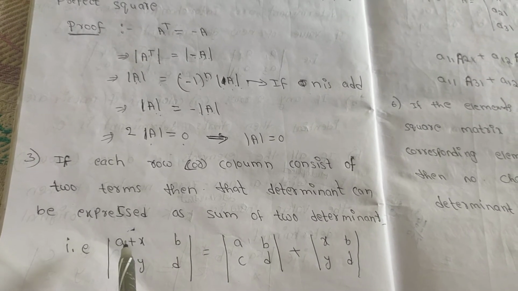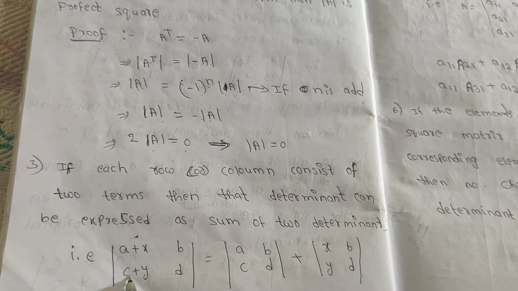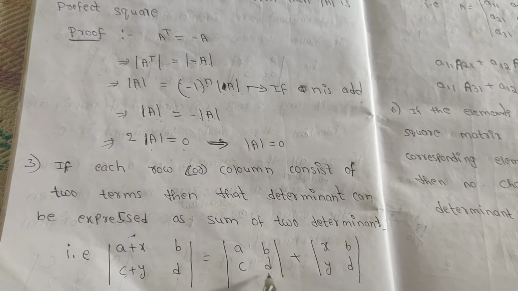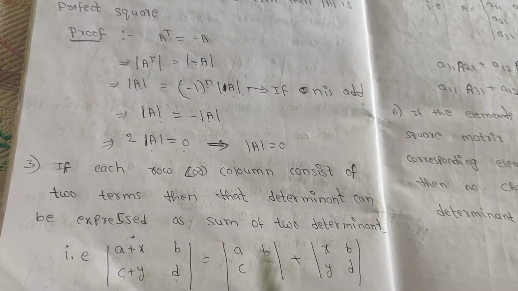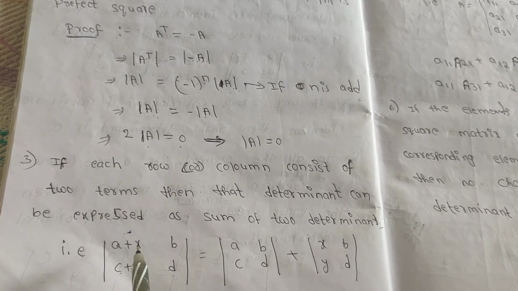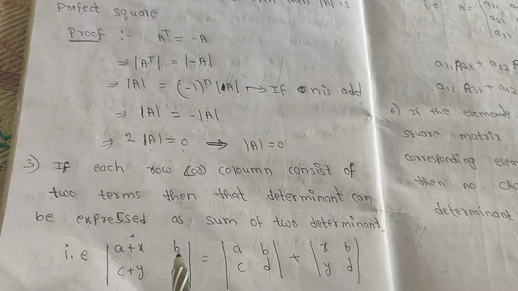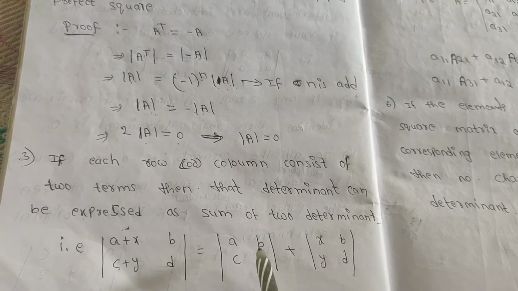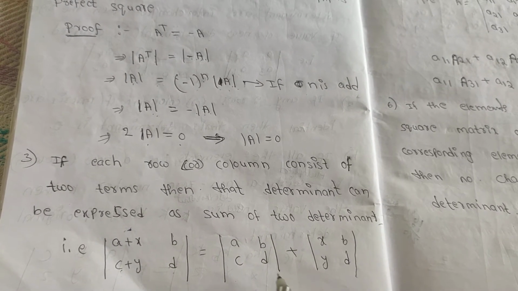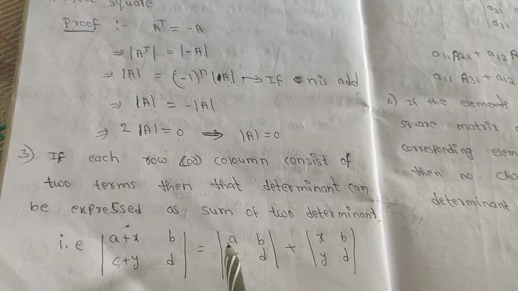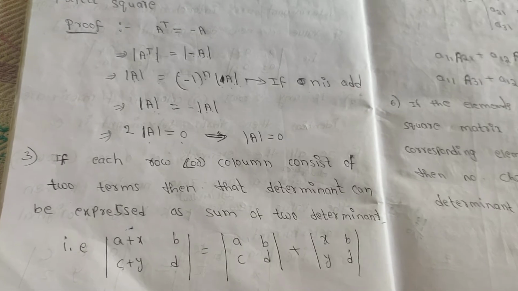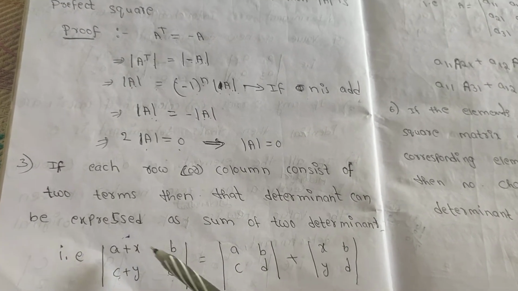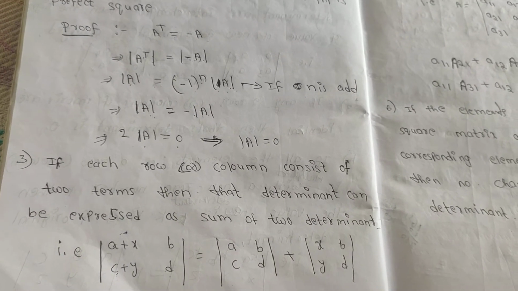First you write a, c as the first column and b, d as the second column. The sign should be common here, plus, and now you write x, y as the first column and b, d as the same second column. So this b, d is the same second column in the two determinants. So these are the two determinants. Like that you can expand. If it has three terms, you can express it as three new determinants.